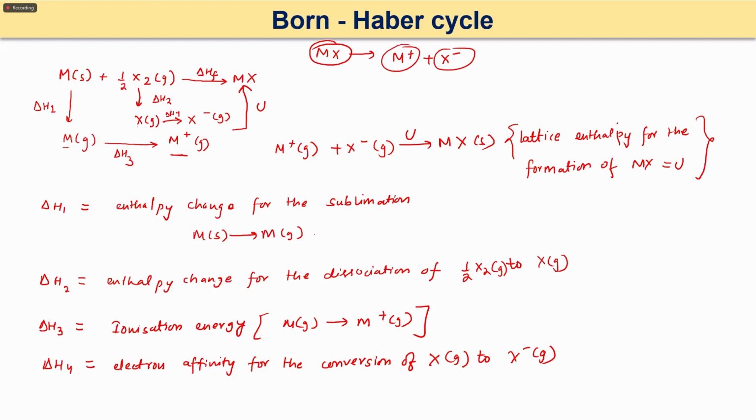Okay, and U was nothing but the lattice enthalpy for the formation of MX, and delta HF is your enthalpy change for the formation of solid MX, MX that is in solid state directly from its elements.